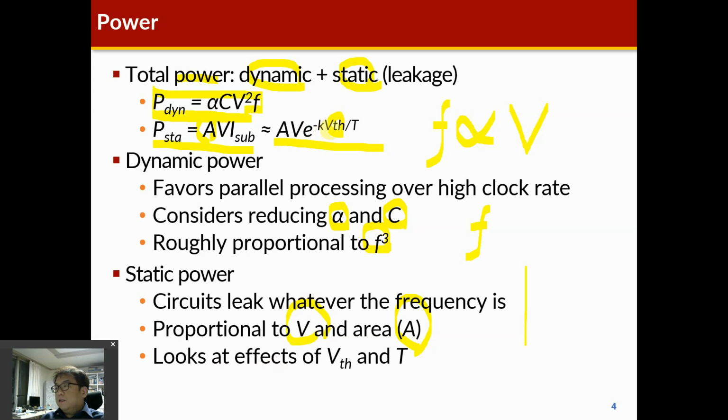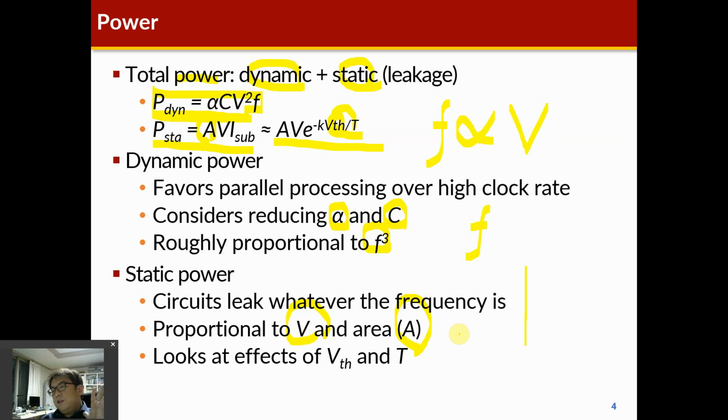And then let's see the VTH and temperature trend. Actually, this equation can be represented as A times V times exponential of minus K, VTH, and V. In this equation, if the VTH, the threshold voltage, is high, then we can reduce this leakage current. But if the VTH is low, then the leakage current will increase.